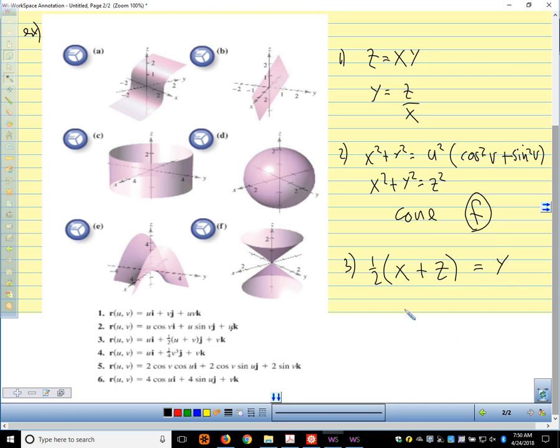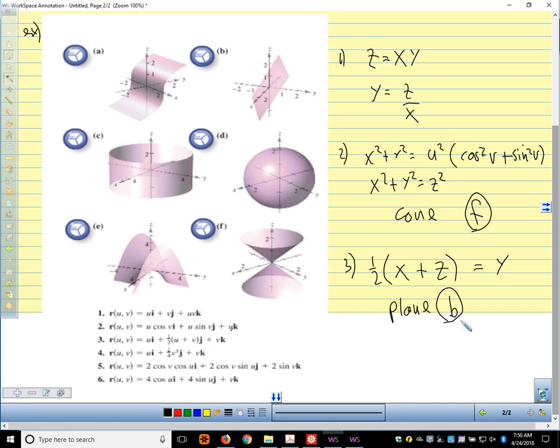That is a plane. So that would be B. So then 1 would be E. We're thinking 1 is E? Yeah, hyperbolic, because it's 0 on all of the axes. 0 on all the axes, yeah.